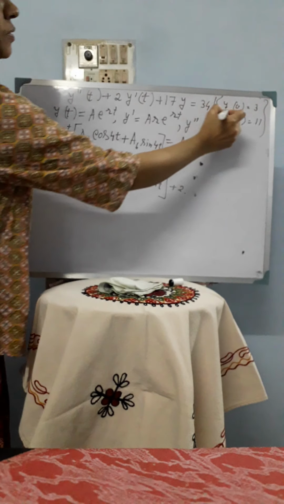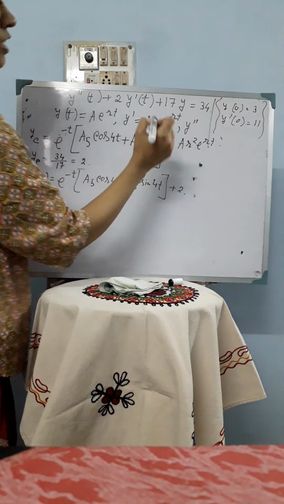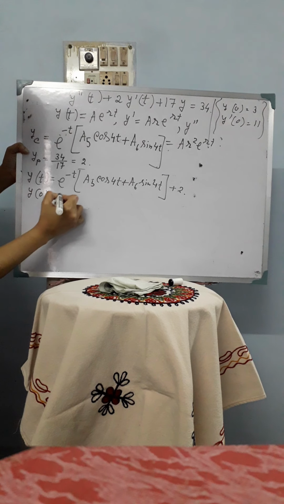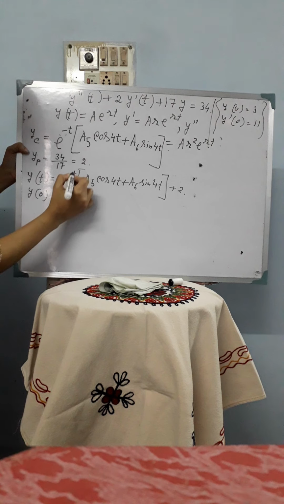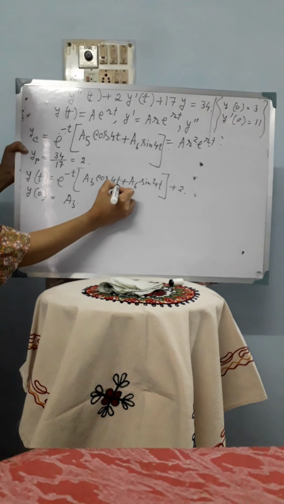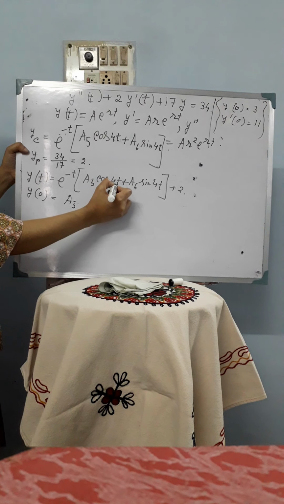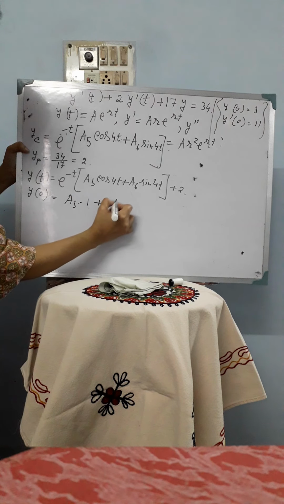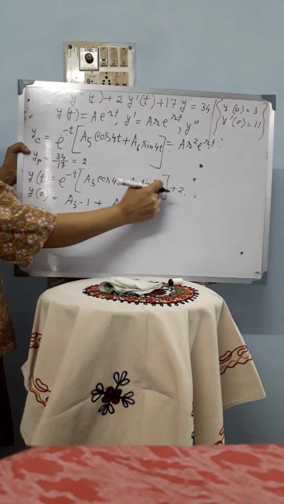So first we are considering the first initial condition, y0 is equal to 3. So y0 is equal to e to the power minus 0, so that is equal to 1, then a5, and in place of t we are putting 0. What is the value of cos 0? Cos 0 is 1. So we are getting a5 into 1 plus a6 sin 4 into 0.